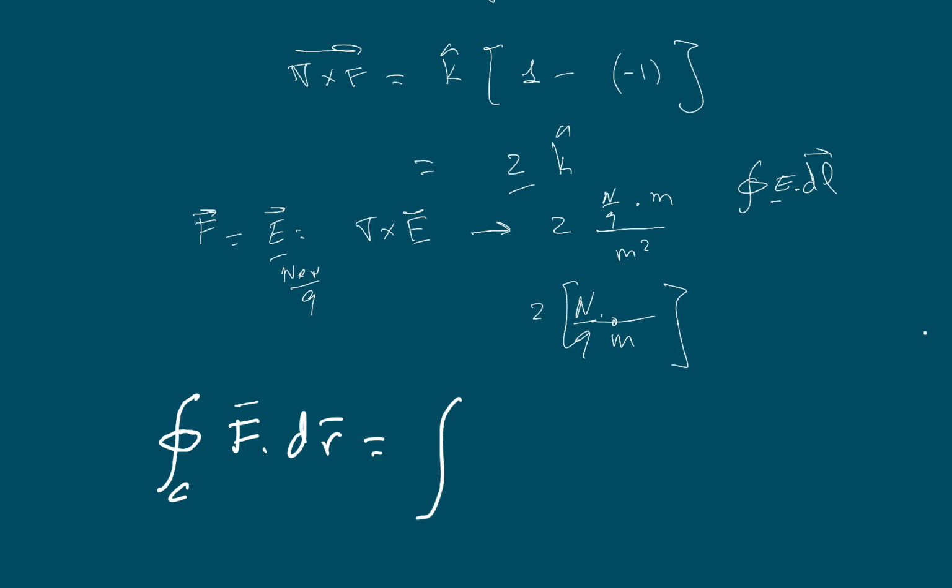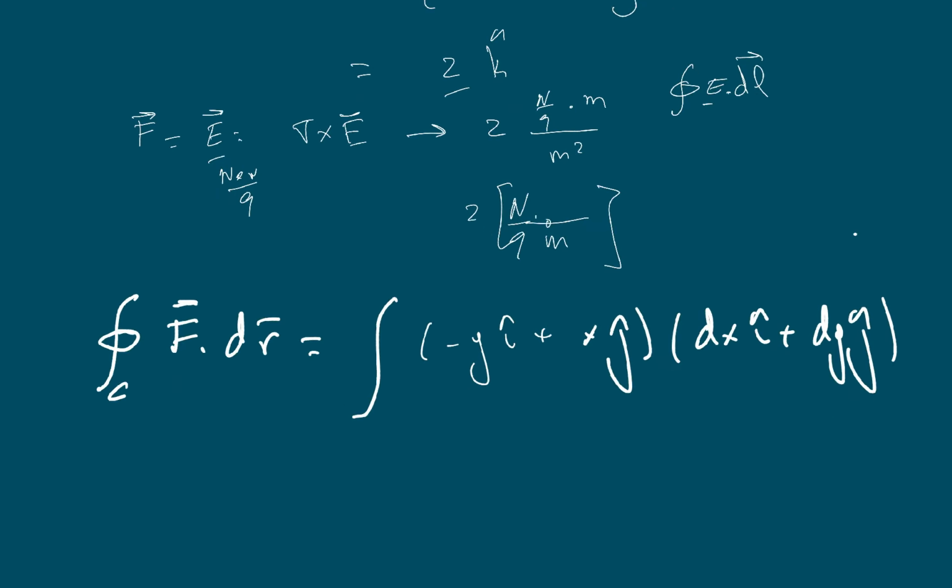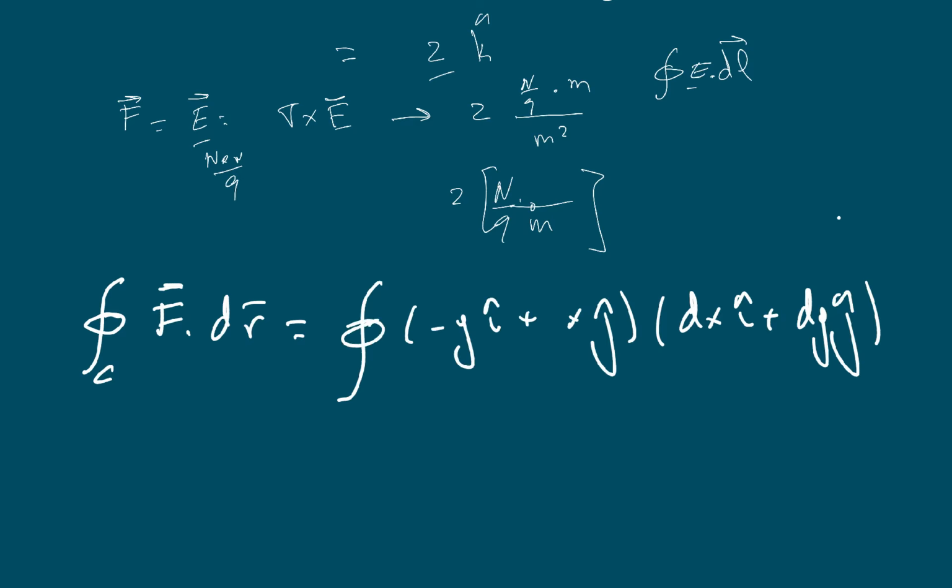F is the vector field minus y i plus x j. dr is dx i plus dy j. So the line integral that I want to find over a curve C is the line integral of minus y dx plus x dy.